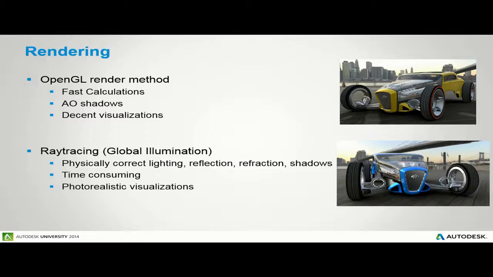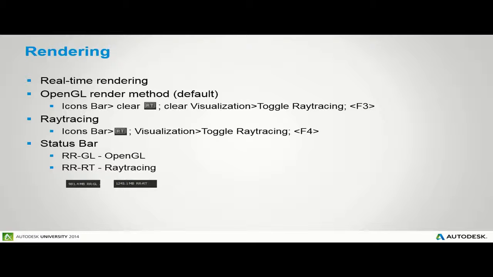The OpenGL rendering method is on by default always, but if you choose RT in the icons bar, the icons bar has an icon for RT. When you change it to RT, it sets the ray tracing rendering mode.